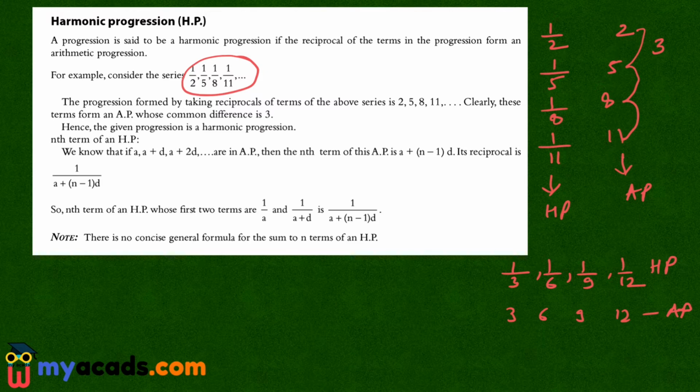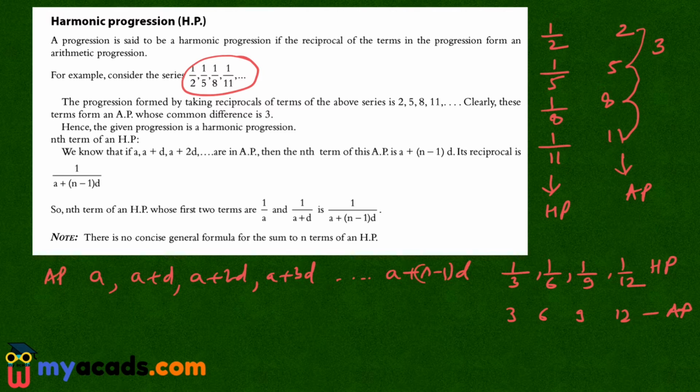For example, let us suppose my AP is A, A plus D, A plus 2D, A plus 3D, and the nth term will be A plus n minus 1 into D. So this is in AP.